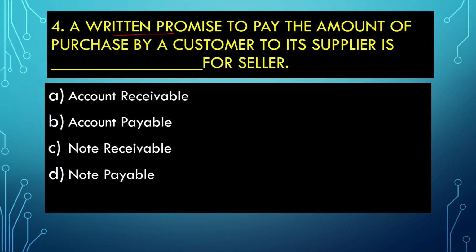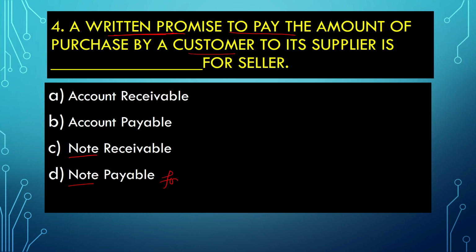A written promise. Whenever there is a written promise, it will be a note, but it will be note receivable or payable. We have two options. See, note payable is for those who are giving the promise. So a customer who is giving the promise will write it as note payable.